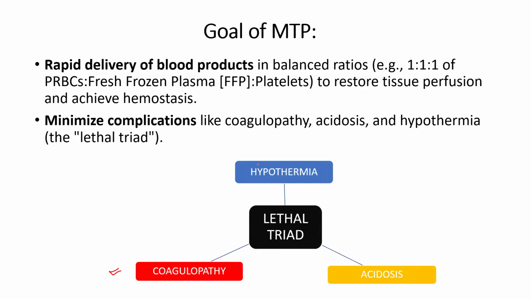Even though you can give external warming, blankets, etc., and you can give bicarb to correct acidosis, that would be just like a band-aid on the wound above, not addressing the core problem. Coagulopathy is something that we can understand and treat accurately. So this is what they wanted to do when they were thinking about massive transfusion protocol.